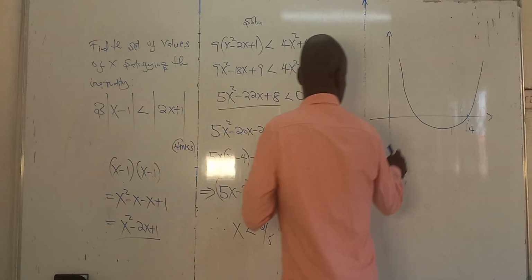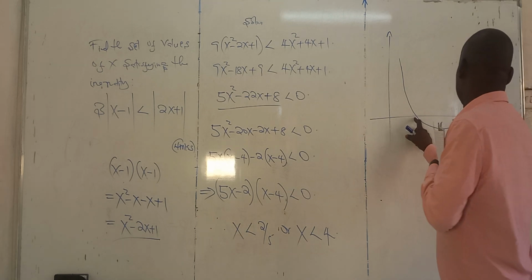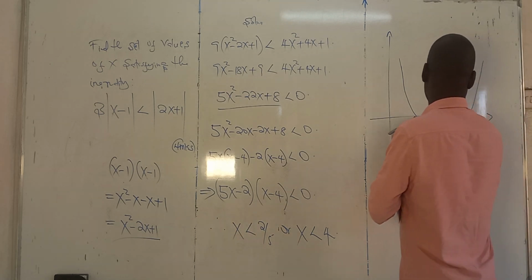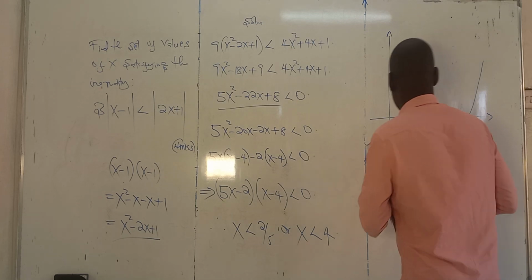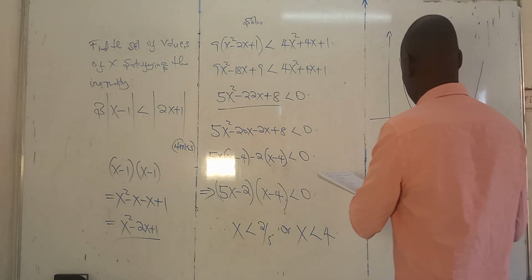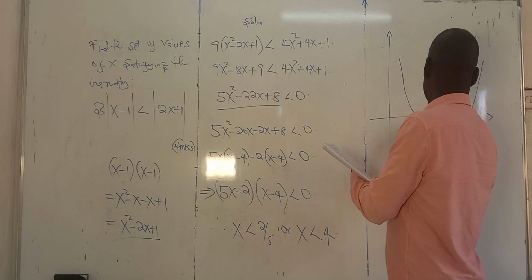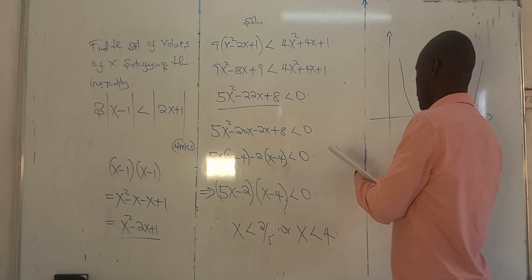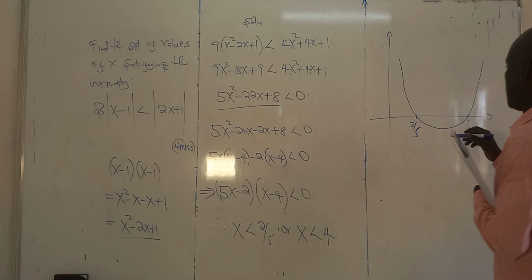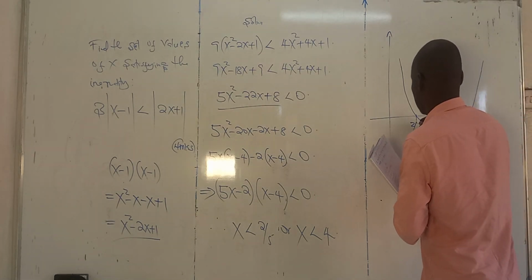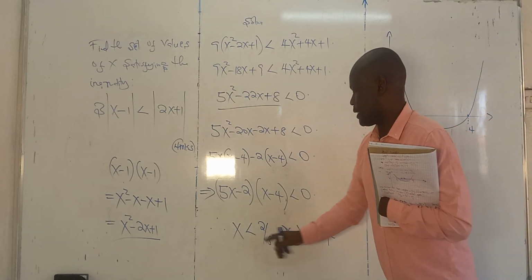So if those are the positions, again, this I put dotted because this is strictly less than.